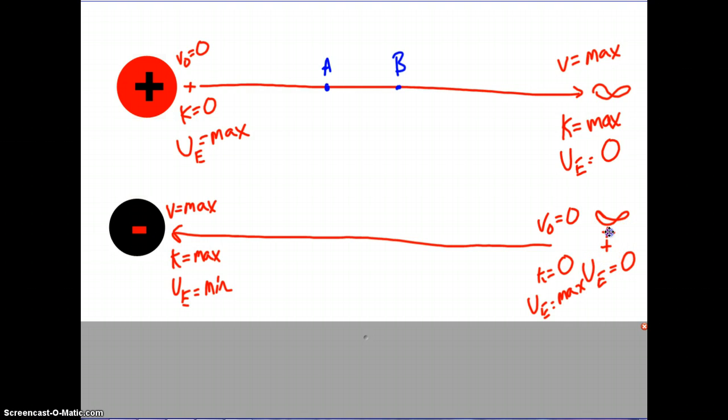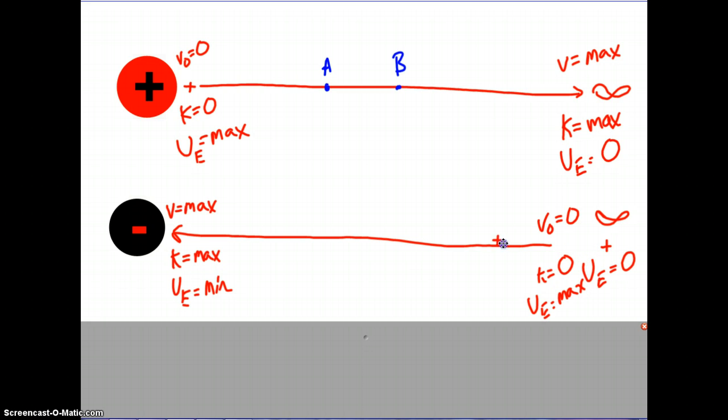However, if we take this test charge and move it just inside infinity, give it a little nudge or do a little bit of work to get it started, that initial velocity is zero, therefore its kinetic energy is zero, therefore its electric potential energy would be a max value.